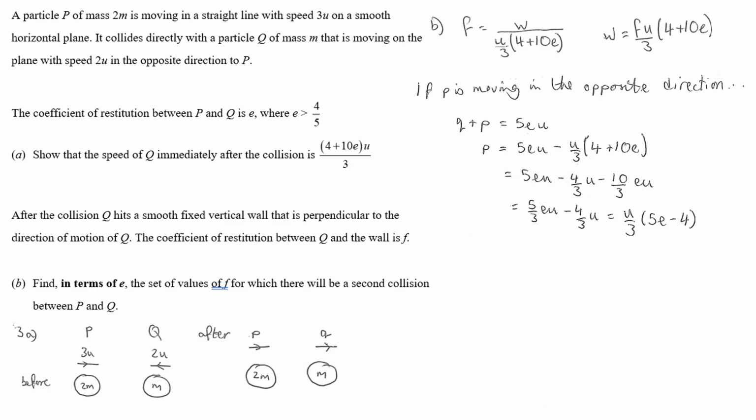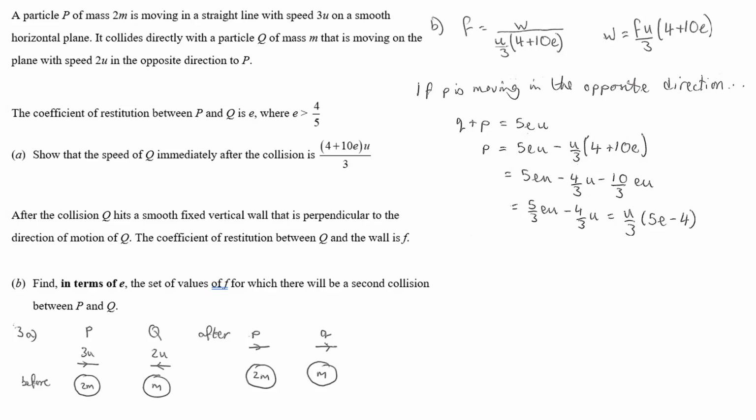Remember previously I had Q minus P, but if P is moving in the opposite direction, you get Q plus P, the relative velocity. So you add them because they're moving in opposite directions. And I substituted for Q, expanded the bracket and simplified it, and I ended up with that.